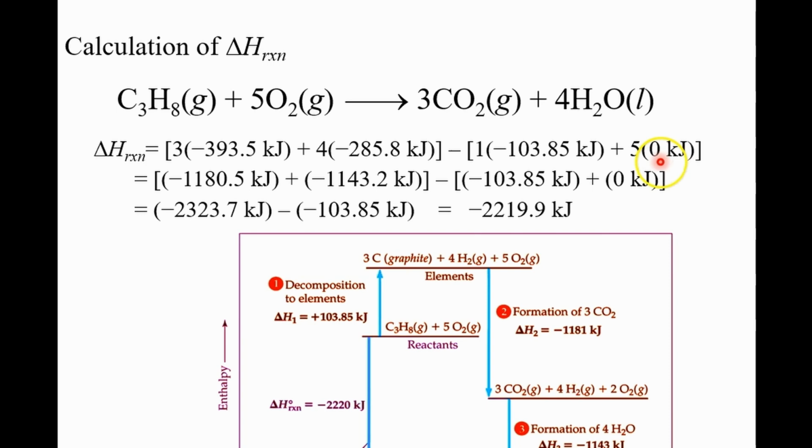And why does oxygen have a heat of formation of 0? Because it's an element. Earlier when I was talking about state functions, chemists stated, let's call the heat of formation of an element in its normal elemental state 0. We can't break anything down further than an element.